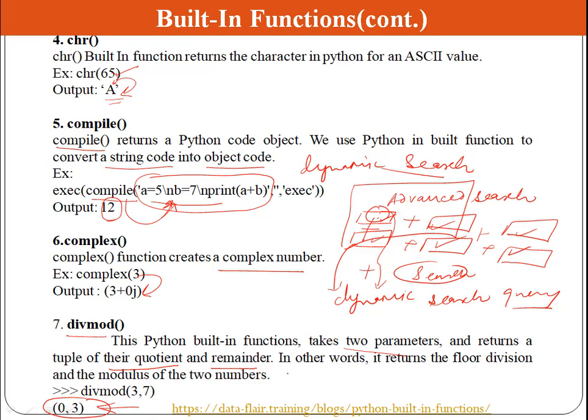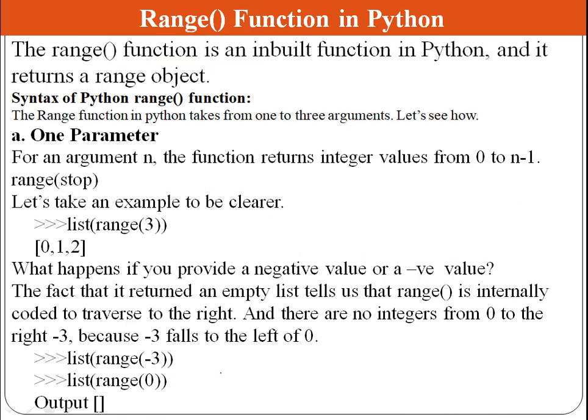Then we are coming to the range in a detailed way, and this is very important in your programming. The range function is an inbuilt function in Python, and it returns a range object, right? So what is the syntax of that range function? The range function in Python takes 1, 2, or 3 arguments. Let's look at the first case, in which we are passing one parameter to the range function.